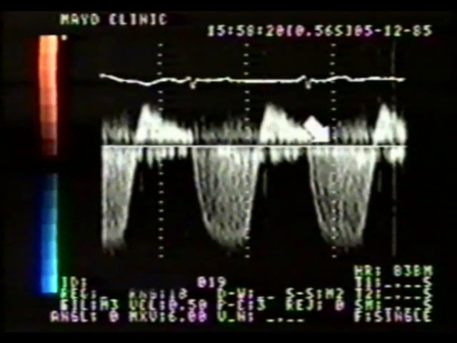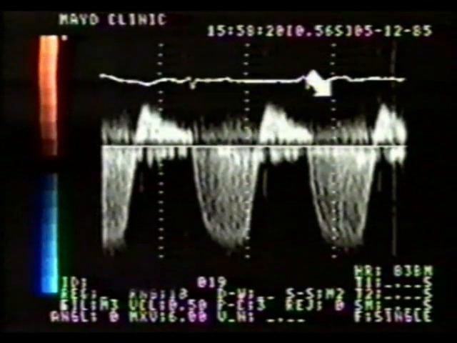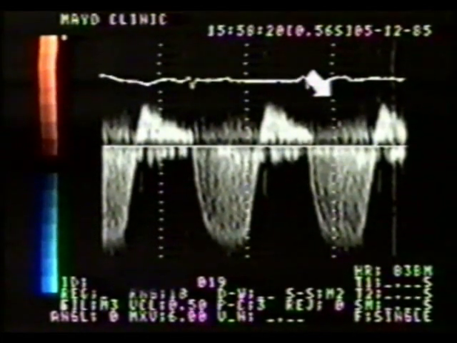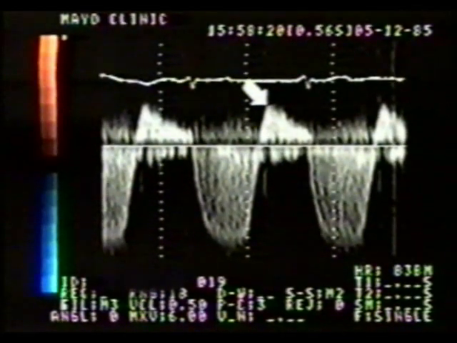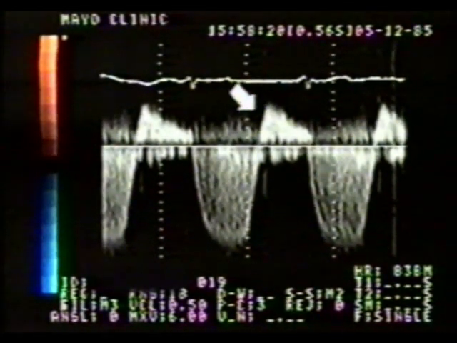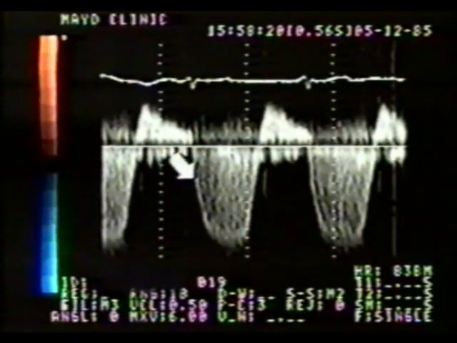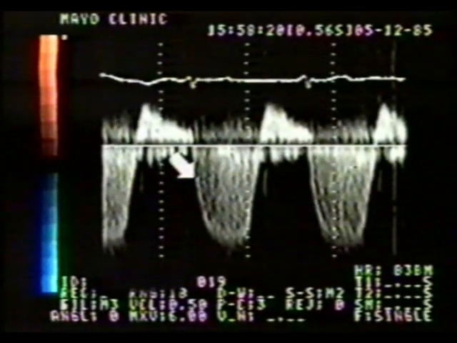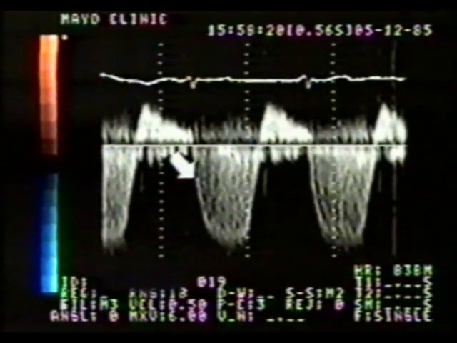The velocity, in meters per second, is recorded on the vertical axis. By convention, flow toward the transducer is recorded above the baseline, while flow away from the transducer is recorded below the baseline. In this case, the mitral valve was inspected by positioning the non-imaging transducer at the cardiac apex.